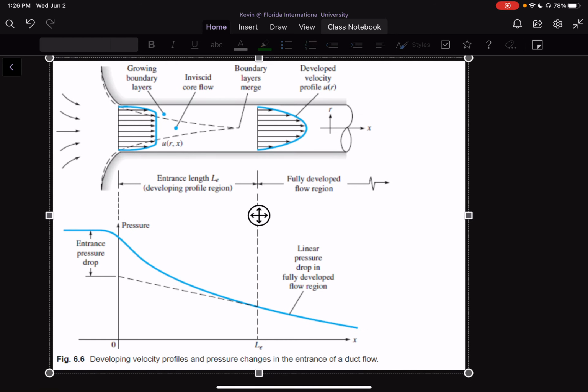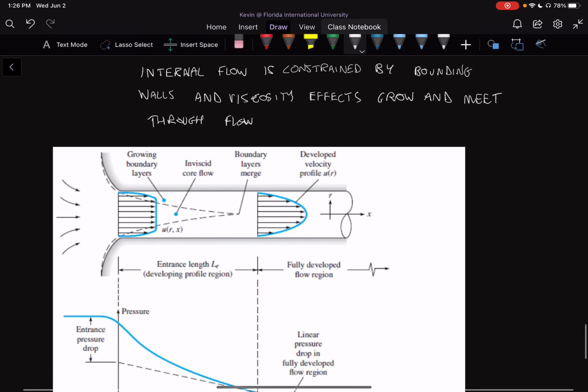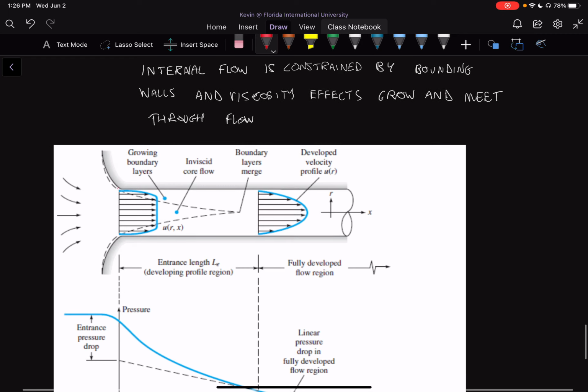So we have this statement that we said that internal flow is constrained by bounding walls. So we know that the walls are going to be constraining to our flow, and the viscosity effects grow and meet through the flow. Okay, so if we look at the flow at the entrance of a pipe, for example, we're looking at the flow here coming into a pipe.